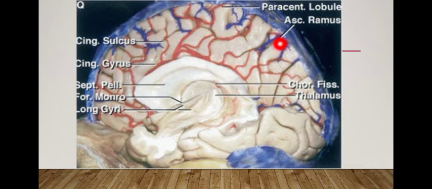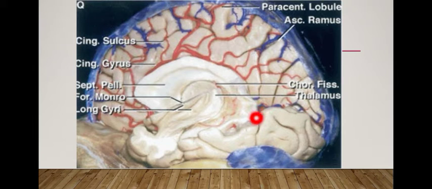And then behind this paracentral lobule, we have got another part which is the continuation of the supramarginal gyrus on the medial surface. This continuation on the medial surface is known as the precuneus. This is a part of the parietal lobe. And then this is the occipital lobe.